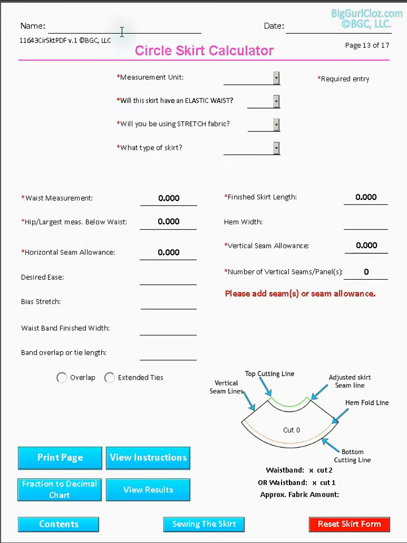You can enter a name and date if you like. Be sure to make an entry in all of the required fields, noted with a red asterisk, which means you may have to enter a 0 in some fields, as in the case of a seamless full circle skirt.